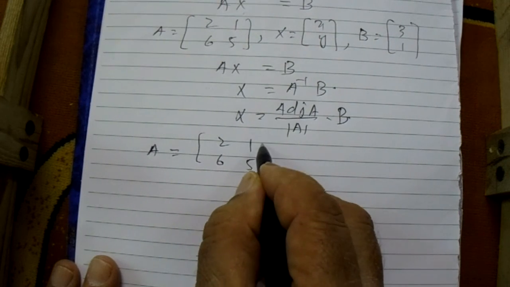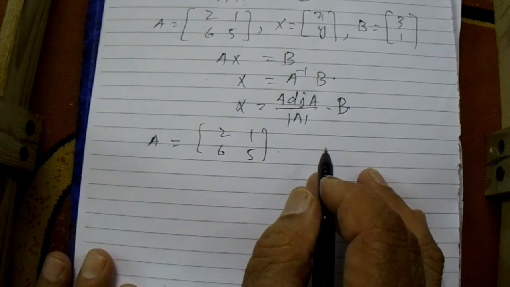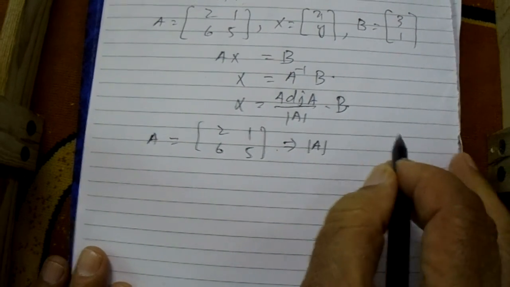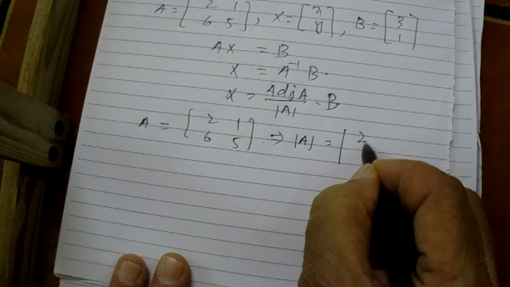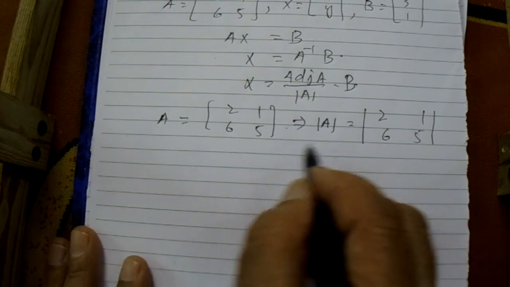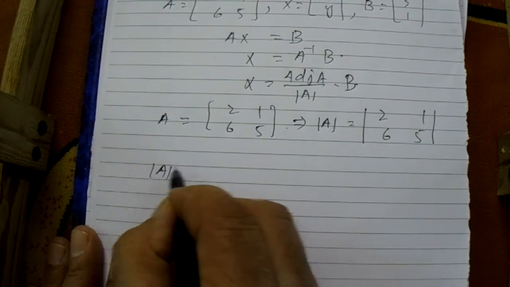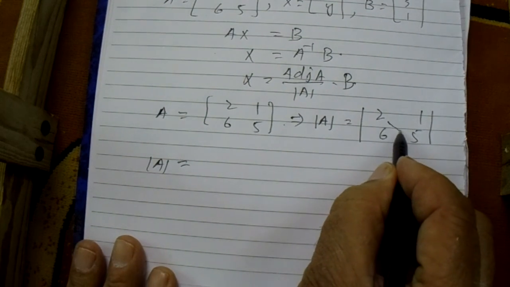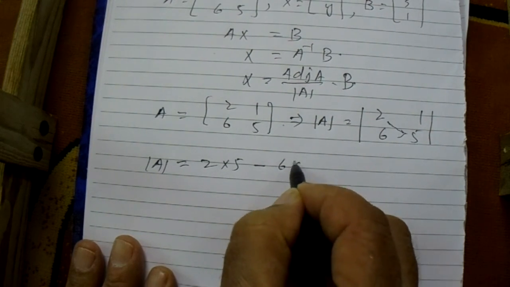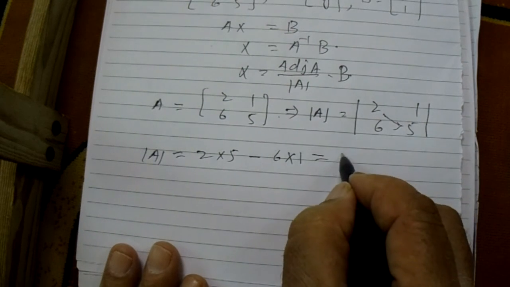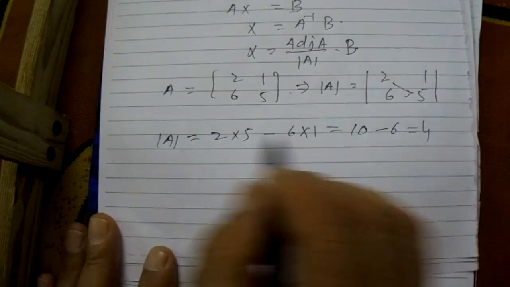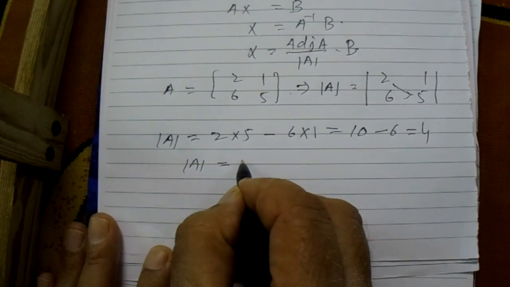Now we find the determinant: we multiply and subtract, 2 multiplied by 5 minus 6 multiplied by 1, which is 2 5s are 10 minus 6, and is equal to 4. Now determinant A is equal to 4.